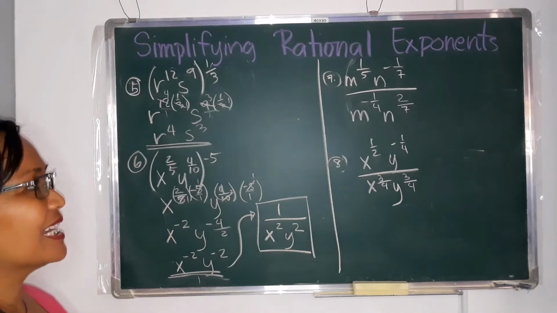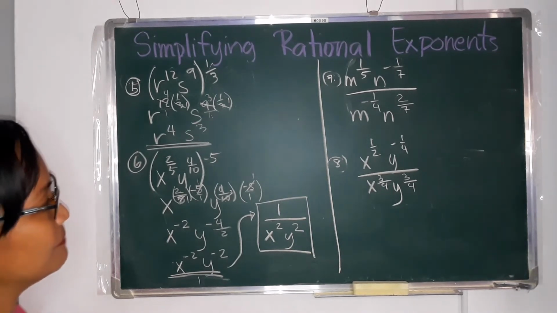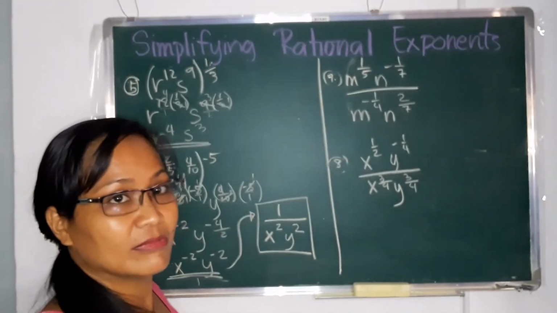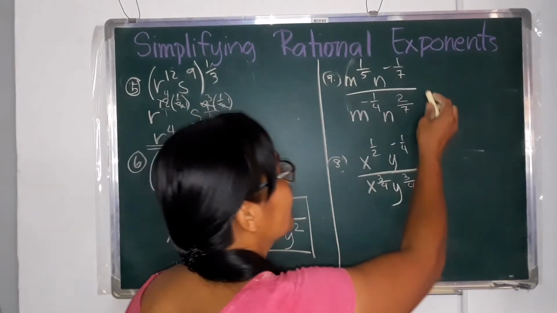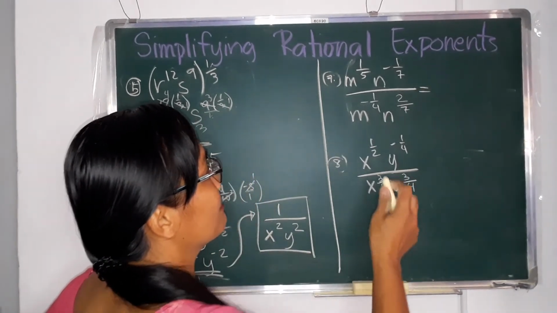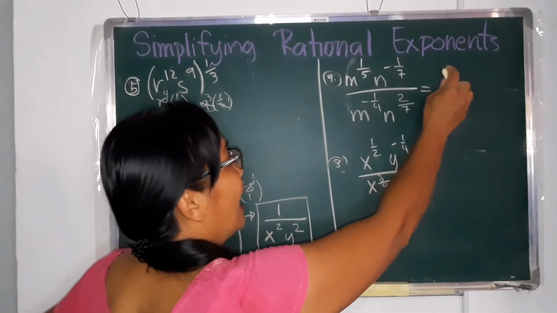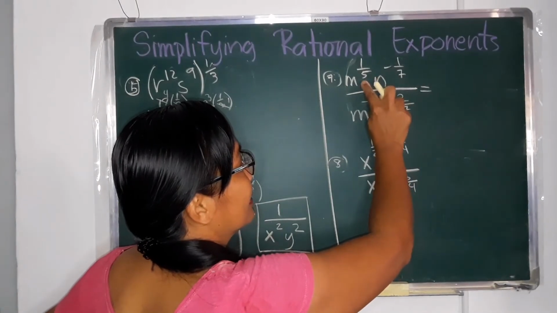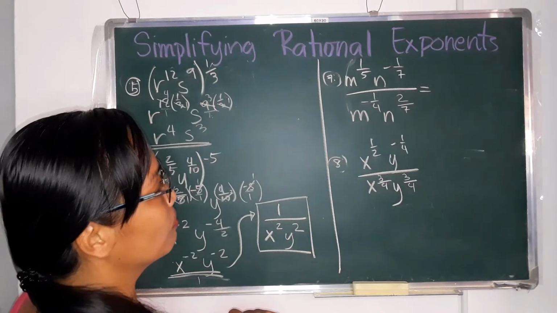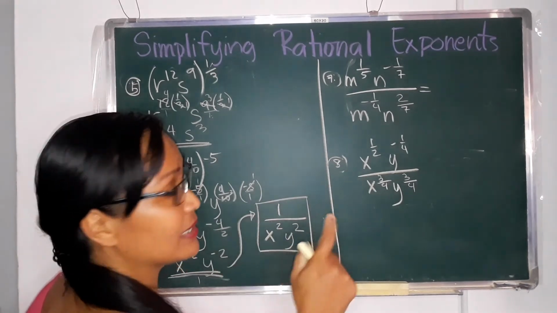Okay? Okay, so next, number 7. So in here, we're going to apply the quotient rule of exponents. So in here, of course, simply copy the base and we're going to subtract the exponent.